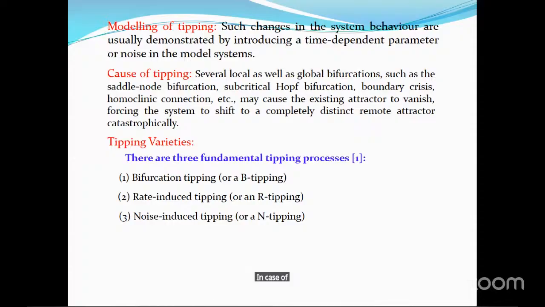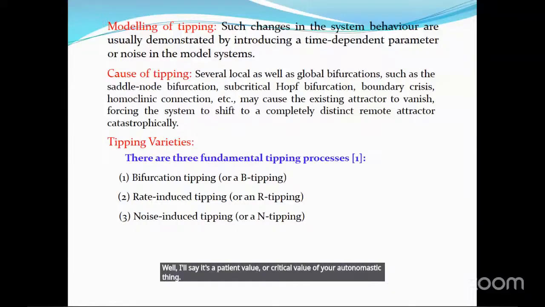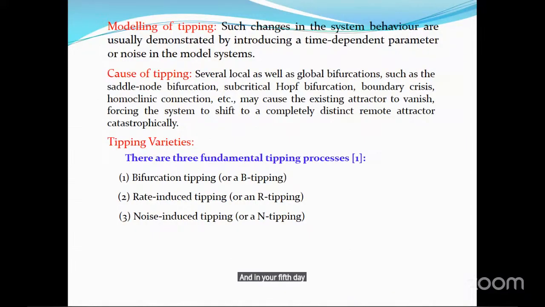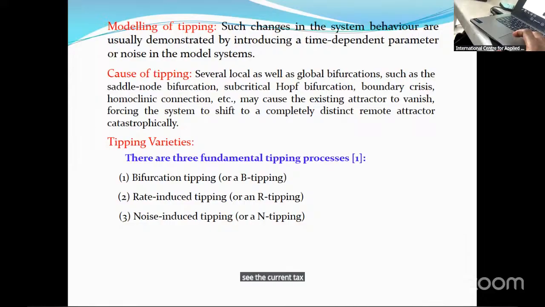In case of bifurcation-induced tipping, your time-dependent parameter crosses the bifurcation value or critical value of your autonomous system, and your system shifts from the current attractor to a remote attractor. That means your system experiences a critical transition.